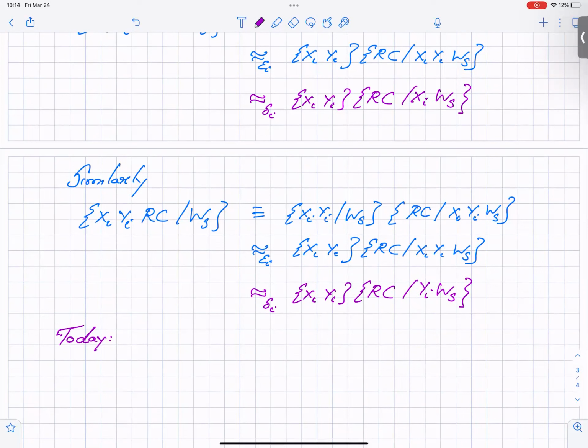Okay, so let's just recall that statement. Today we'll prove the purple. And what was the KL divergence bound from last time?